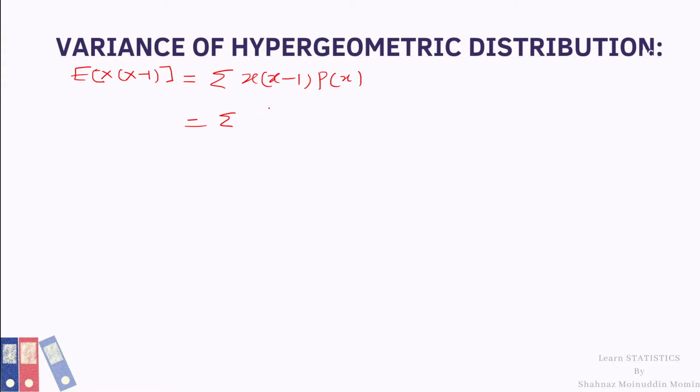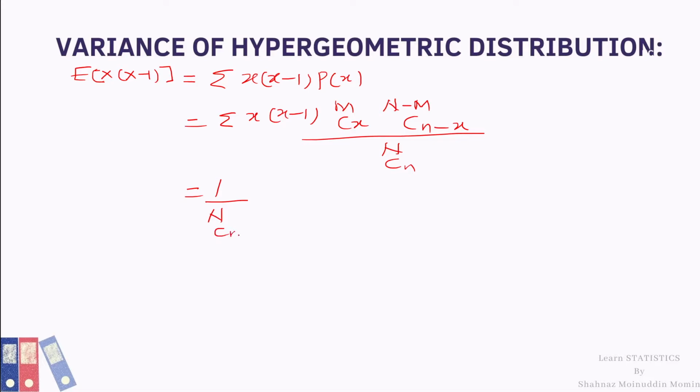By putting the PMF, we get x into x minus 1 mCx n minus m C n minus x upon NCn. By taking the constant 1 upon NCn outside the summation, we are left with summation of x into x minus 1 mCx n minus m C n minus x.